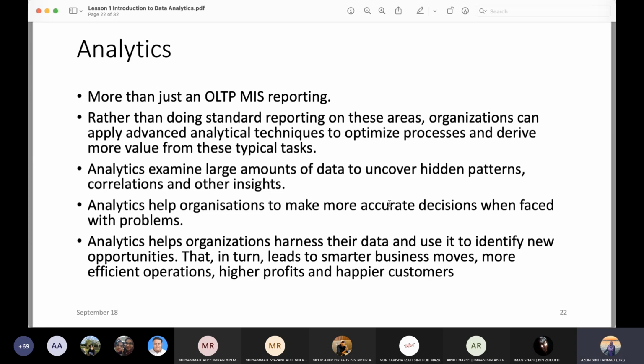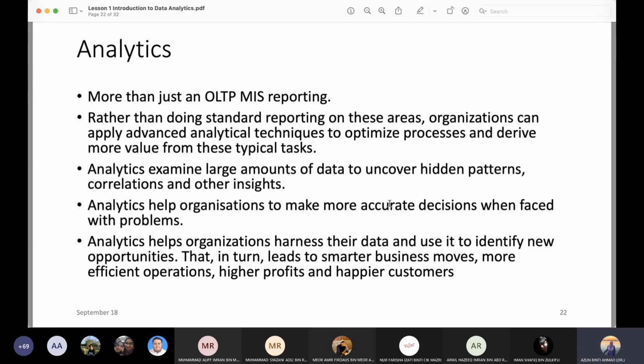Based on the data, not only the numerical data from the sales report, but also the comments or ratings from customers, they can get data from social media, websites, and Facebook, for example.